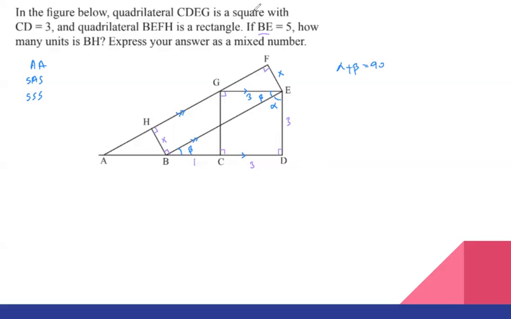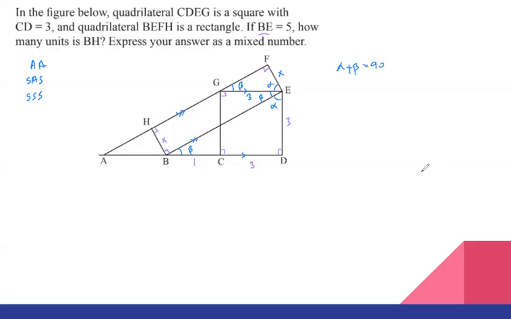What we can say more is that this corner was 90 degrees as well, so this angle plus this angle has to be 90, and we already know alpha and beta add up to 90. If this is beta, then this will be alpha. And the same goes for the third one. Alpha and this angle at G add up to 90 because this is 90, which is why this has to be beta.